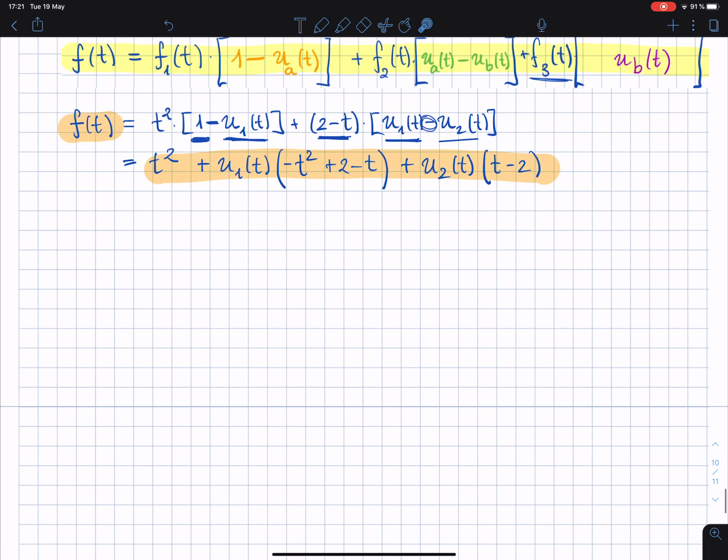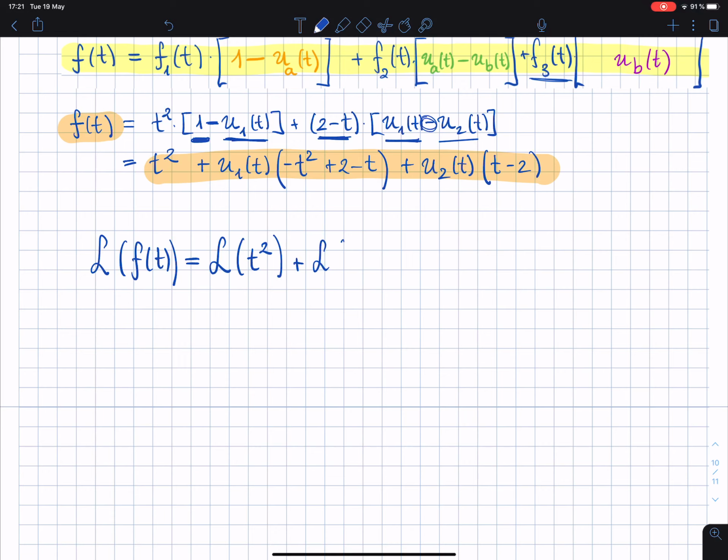So the next step is to compute the Laplace transform of f of t, which now simplifies to computing, using linearity, the Laplace transform of t squared, the Laplace transform of u1 times minus t squared minus t plus 2, I reordered a little bit here, plus the Laplace transform of u2 times t minus 2. Okay?